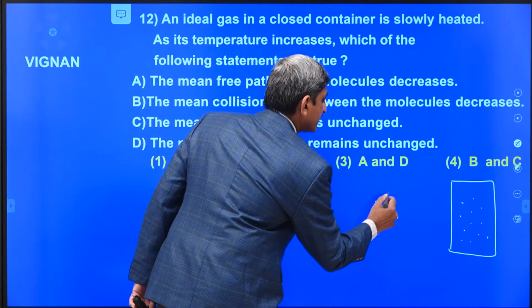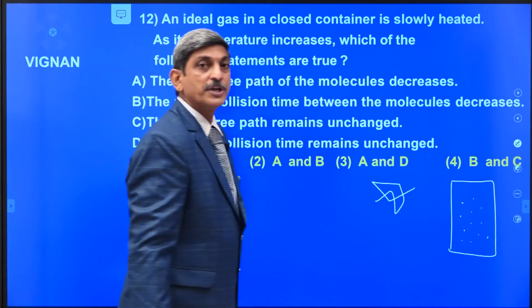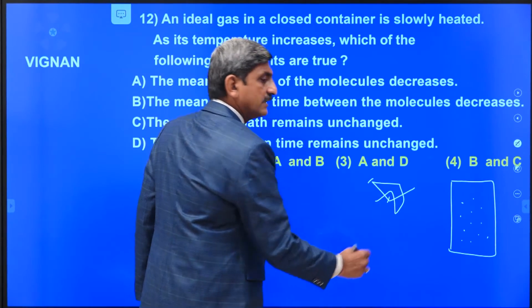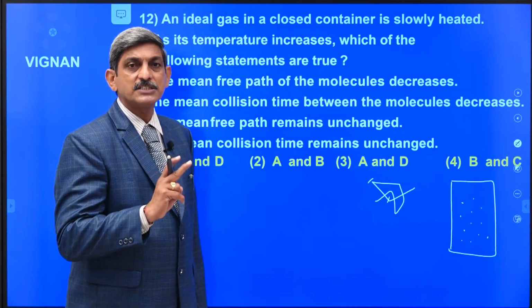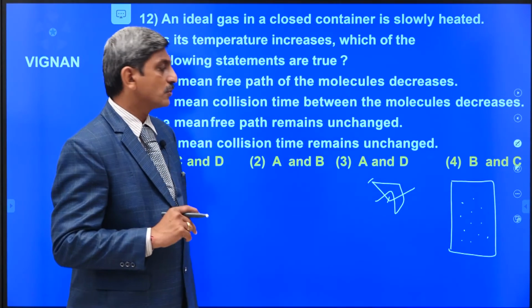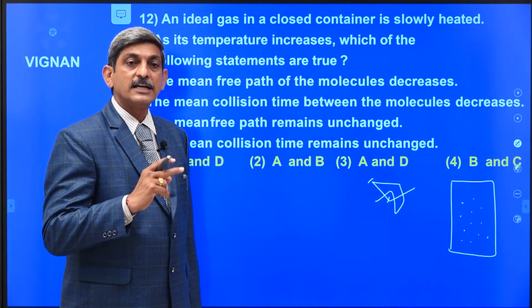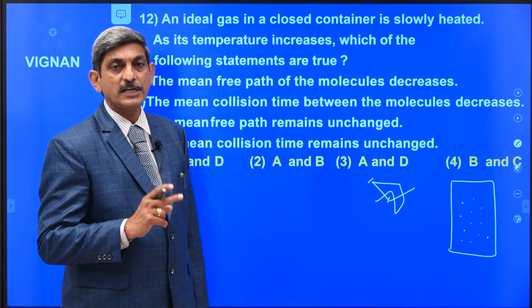So they are moving in a zigzag path like this, and during that zigzag path they are traveling a certain mean distance between the 2 successive collisions. That average distance travelled by the molecule between the 2 successive collisions is defined as the mean free path, and the time taken between the 2 successive collisions is defined as the mean collision time.